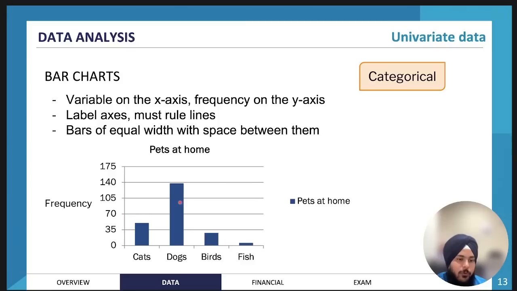We can easily tell from this graph that dogs is the mode here, or the highest frequency. So most people have dogs in our sample. And if we were to quickly estimate how many people that was, we can approximately say around 138 or 139. So bar graphs are really good for easily or visually depicting frequencies of data.